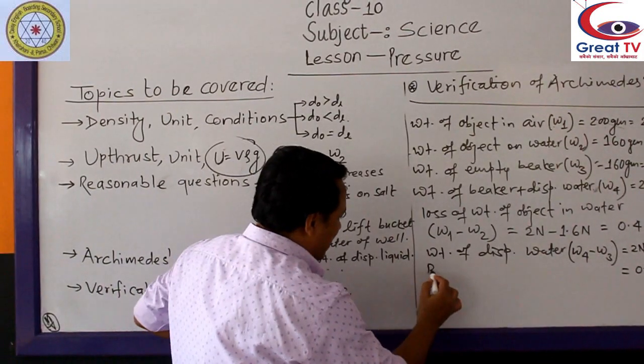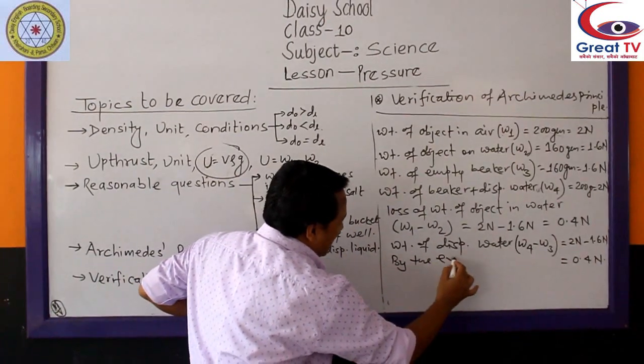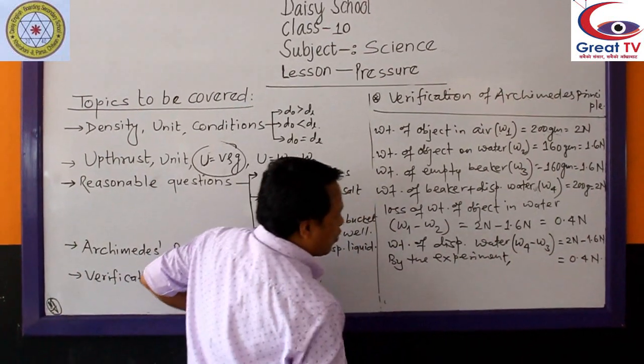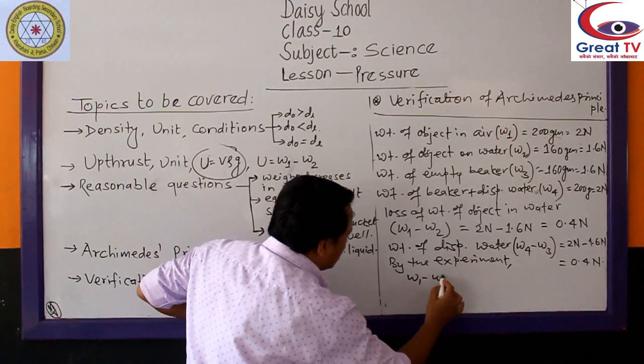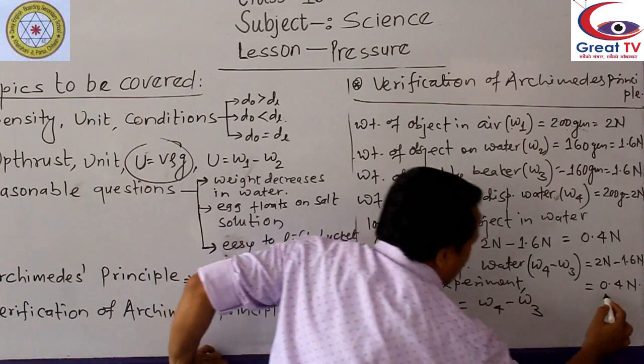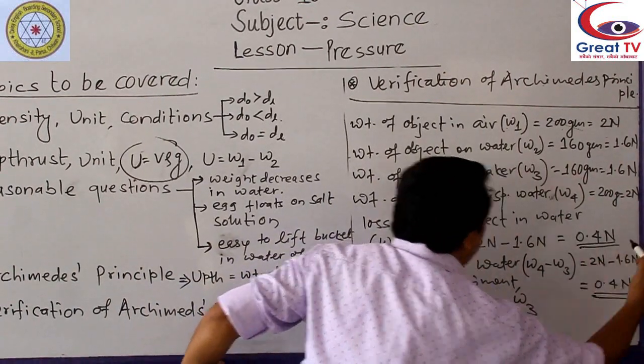So by the experiment, what do you find? W1 minus W2 equals W4 minus W3. Here 0.4 Newton, here also 0.4 Newton.